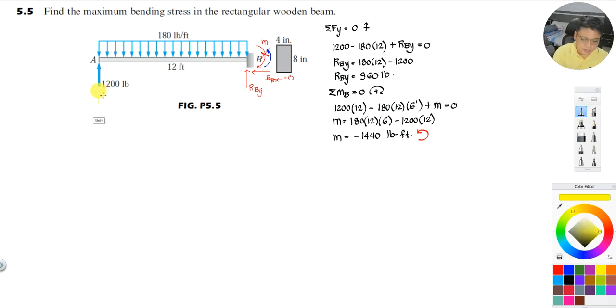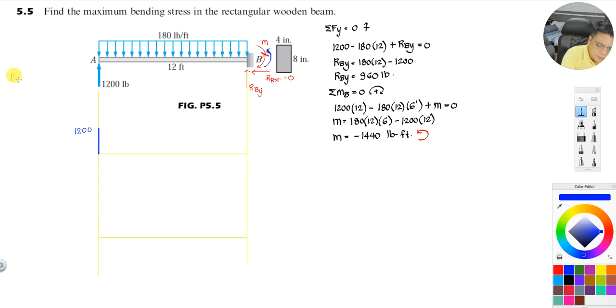Okay? So, gawa natin ang shear and then the moment diagram. Alright? Okay. Una natin si shear. So, I will be having here upward. So, you can have here as 1,200. Okay. 1,200. Okay? And then, yung susunod, I can now have, at this point, is 1,200.